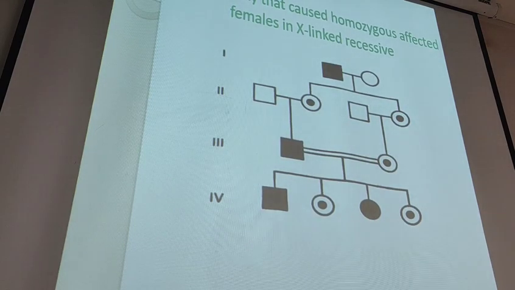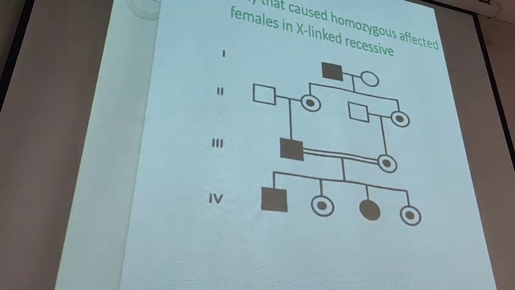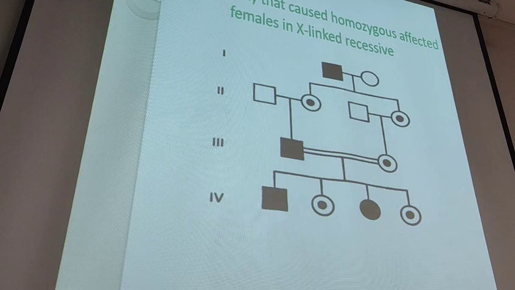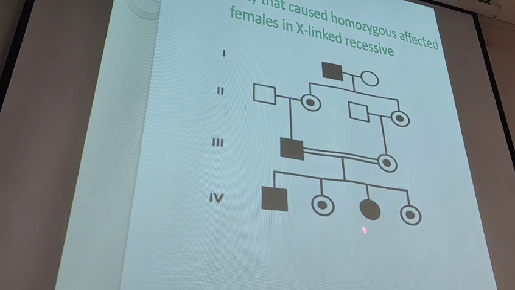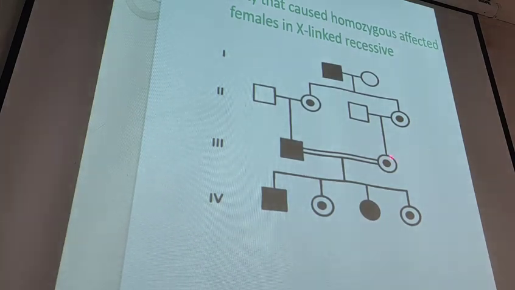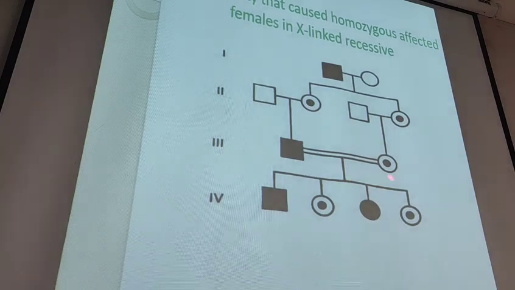This is also an example of consanguinity marriage in homozygote affected females. So we have affected females here because of the consanguinity marriage between blood relatives. Carrier females, affected males, we have affected female in X-linked recessive.